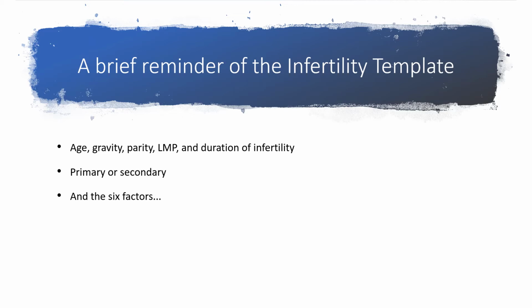A brief reminder of the infertility template. When you start looking at a case or presenting a case, all the following factors are relevant and will help with the diagnosis: age, gravidity and parity, LMP, duration of infertility, whether it's primary or secondary, and the 6 factors.